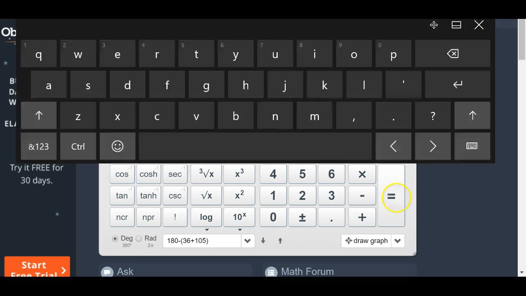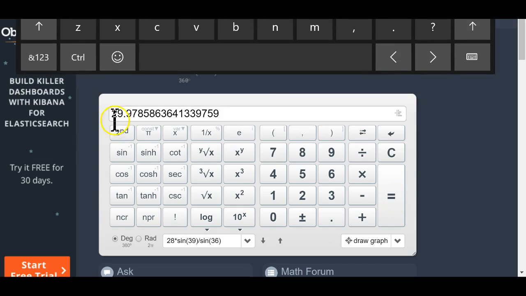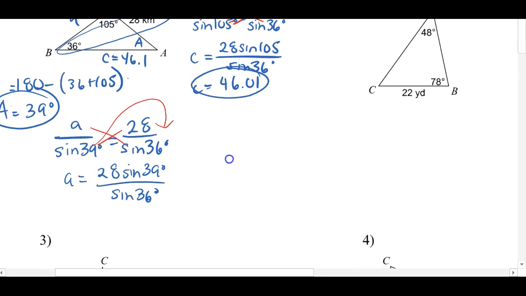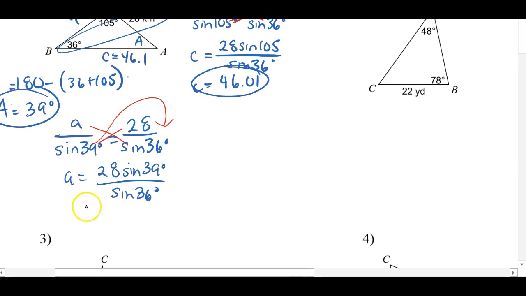It looks good. And so my answer is 29.97, but then the 8 is going to make me round up by 1, so 29.98. So A is equal to 29.98 kilometers. Remember, it's measured in kilometers. And we're done.